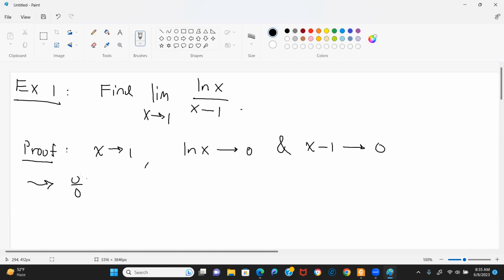So we get 0 over 0, an indeterminate form, and that's really the main part of L'Hopital's rule. There's a bunch of hypotheses that you need to satisfy in L'Hopital's rule, but the main thing is that you get this indeterminate form. And then also we know that ln x and x minus 1 are continuous.